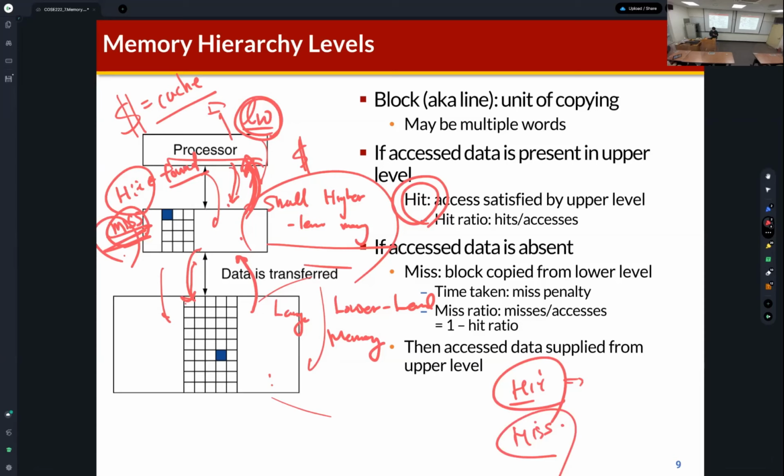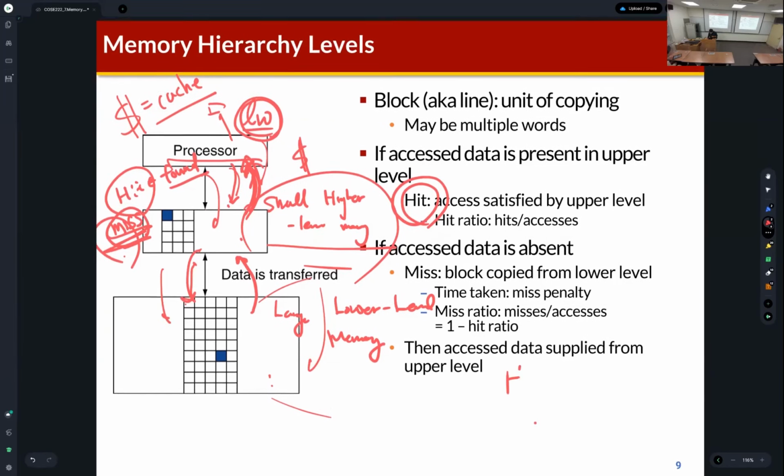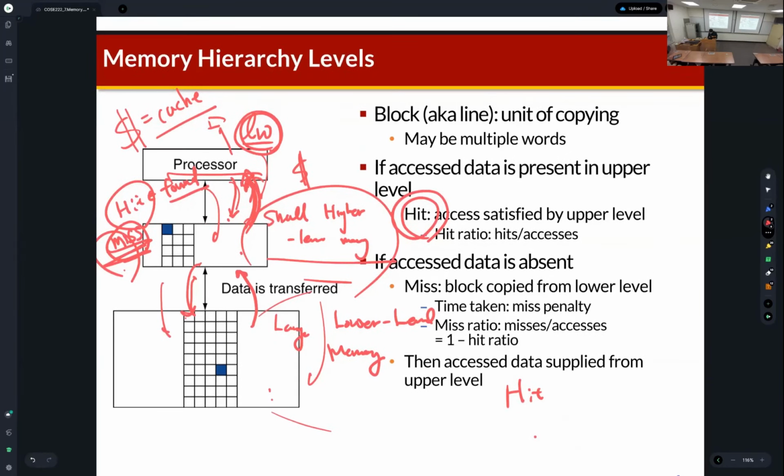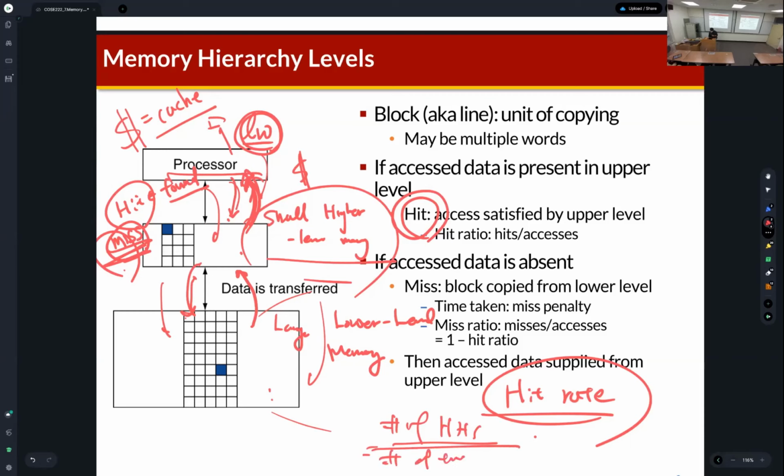So then we can calculate the hit rate. Hit rate is actually simple. Hit rate means the number of hits over the number of total accesses.